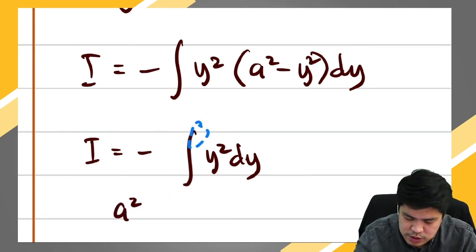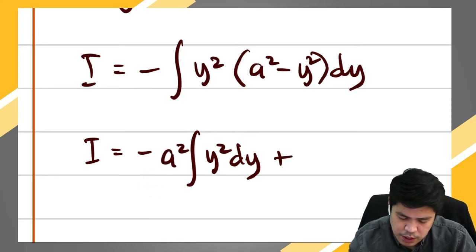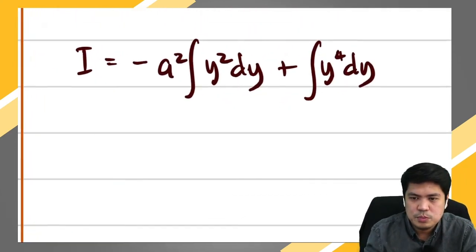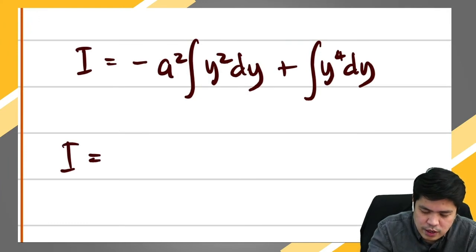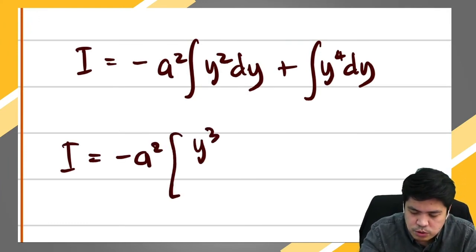Then, plus integral of y raised to 4 dy. So, from here, that would be very easy na. Hence, we have I is equal to negative a squared times, this is y cubed over 3.